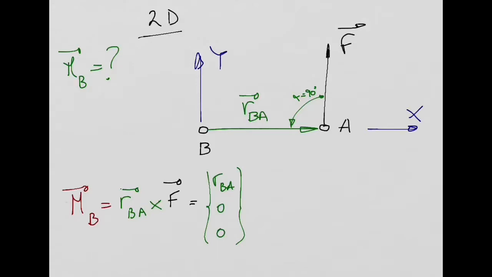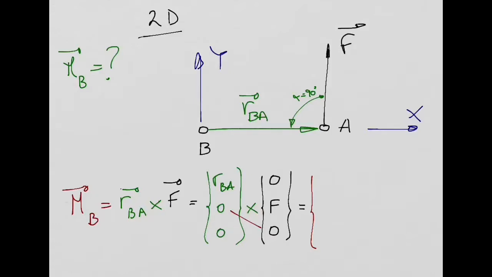So this is my position vector, only a component in the x-axis. Now I need to do the cross product of this position vector with my force vector. In this example, I made my force aligned with my y-axis, so it only has a component in the y direction. So I can say that my force vector is 0, F, 0, right? Now we just need to do the cross product. For the x component first, I multiply 0 with 0, which is 0, minus 0 times F, which is also 0.